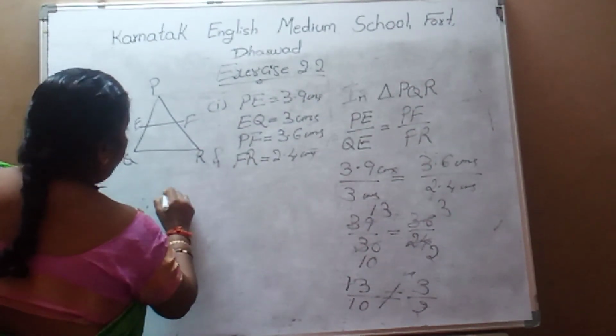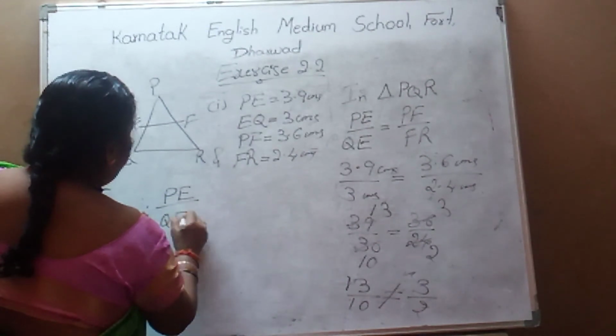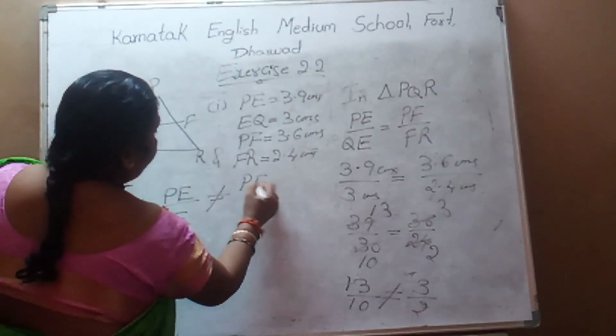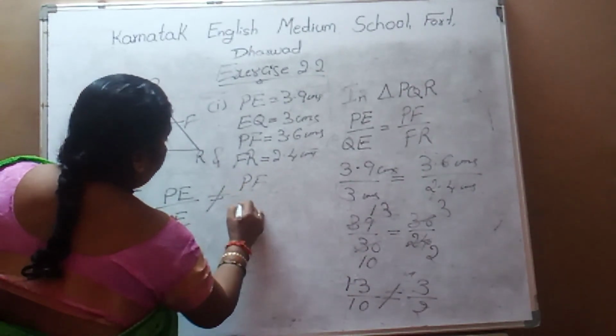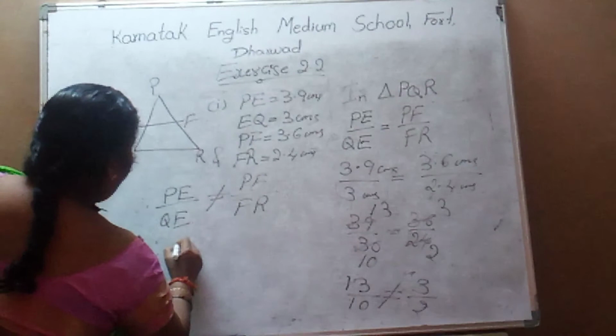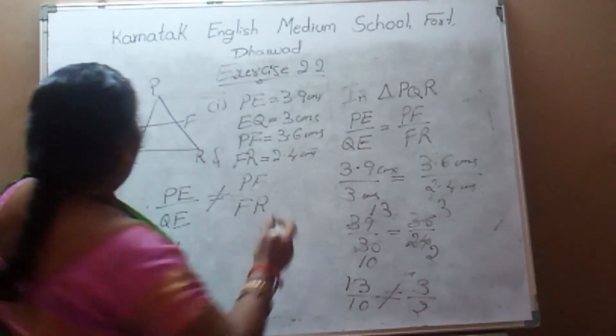Therefore, PE divided by EQ is not equal to PF divided by FR. So, therefore, it is not parallel.